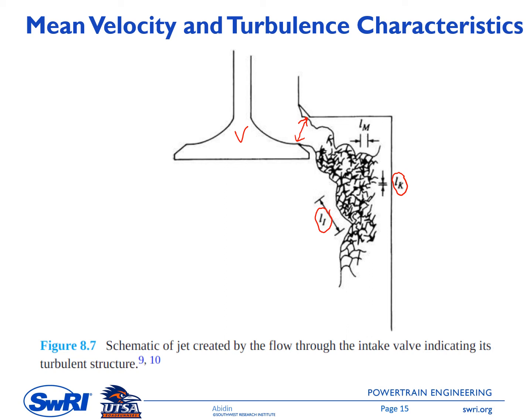The smallest length scales are limited by molecular diffusion, so it means that Lk is controlled by the mixture viscosity. And then the third length scale here is called Lm, which is the Taylor length scale. This Taylor length scale is also usually included to analyze turbulent flows.